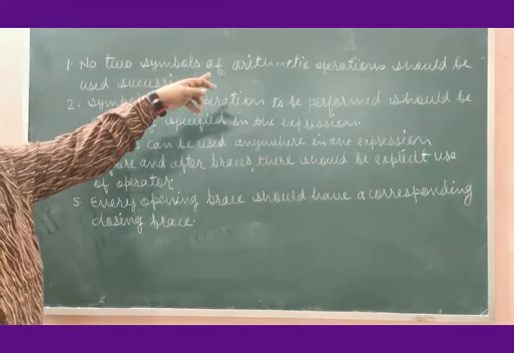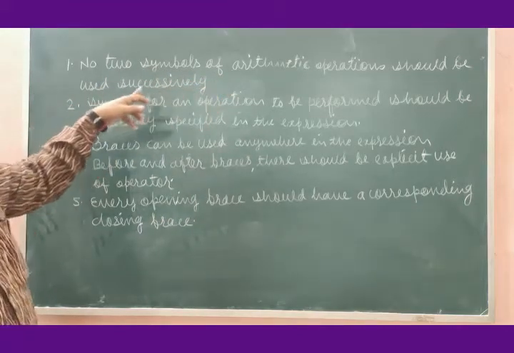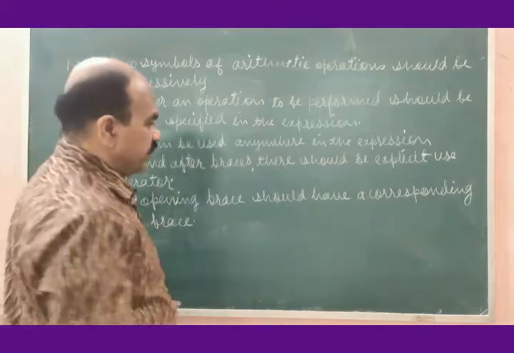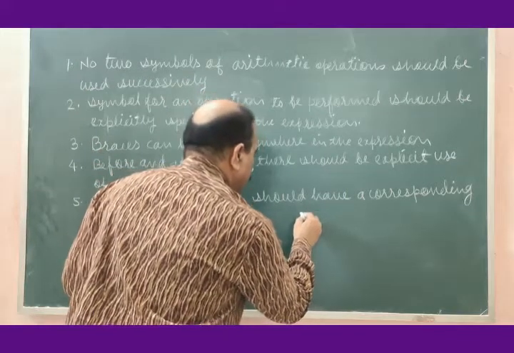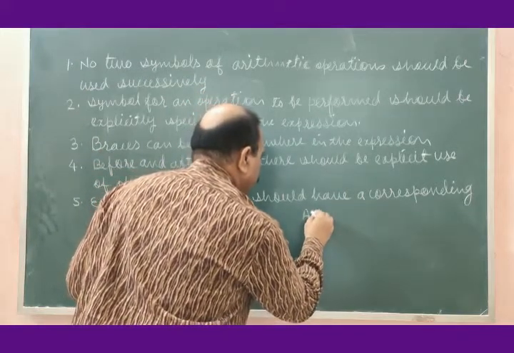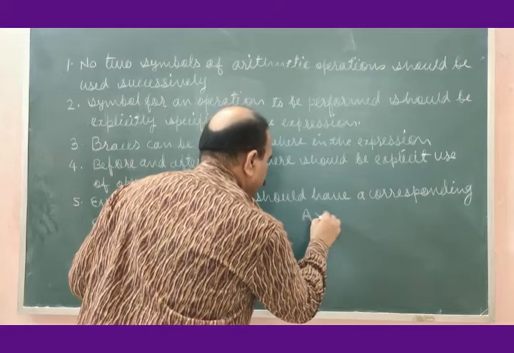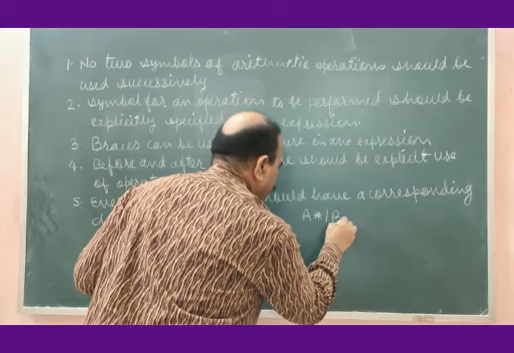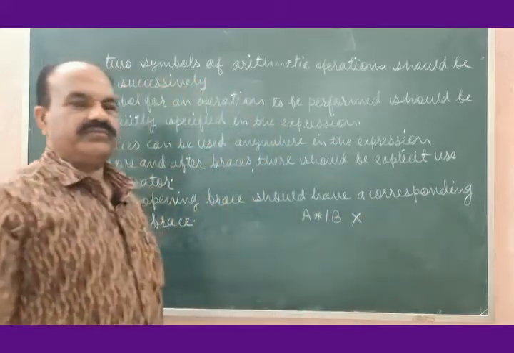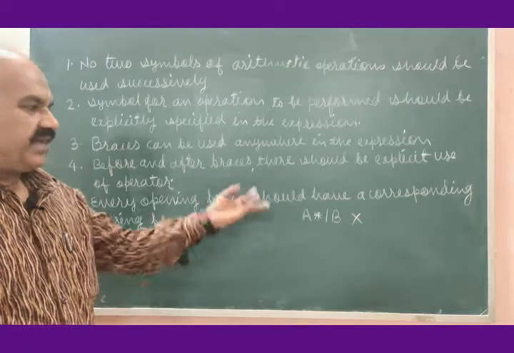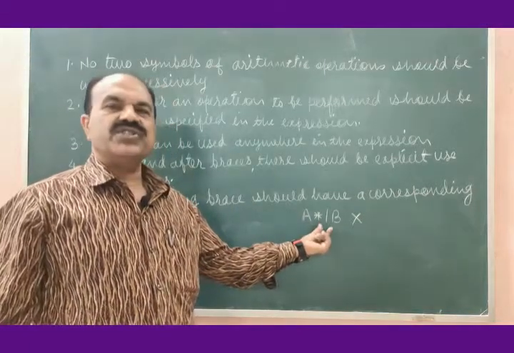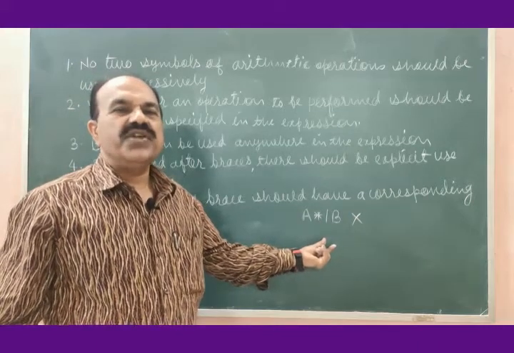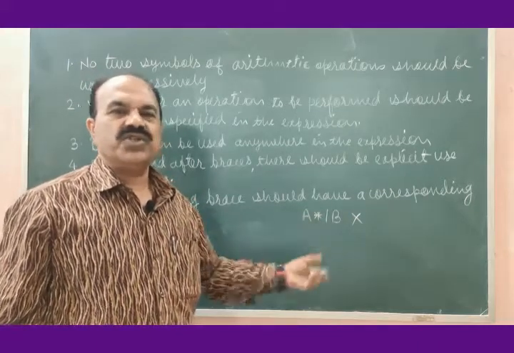First rule: no two symbols of arithmetic operation should be used successively. For example, this is wrong. You cannot write this way because two symbols used here are in succession. They are used consecutively. It is not allowed.